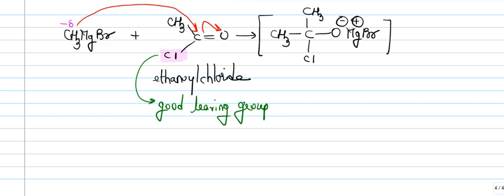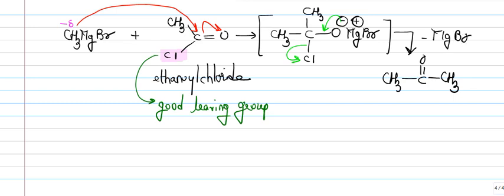Whenever you have a leaving group, the pi bond gets reformed and the leaving group leaves the substrate. So you get CH3C double bond O and CH3, plus MgBrCl.